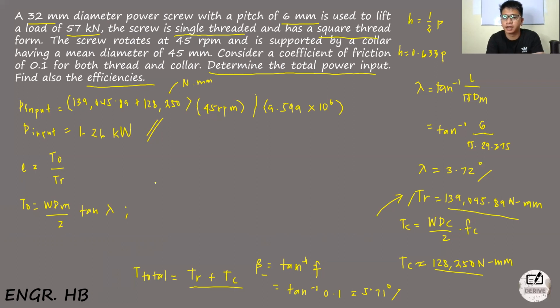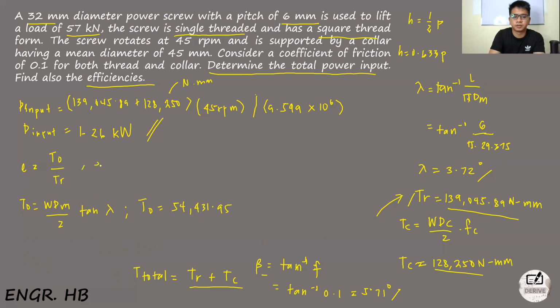What is your lambda? 3.72. That will give you 54,431.95. So liliit talaga kasi nawalan ka ng beta doon. So lumiit siya kasi nga nawalan ka ng beta.